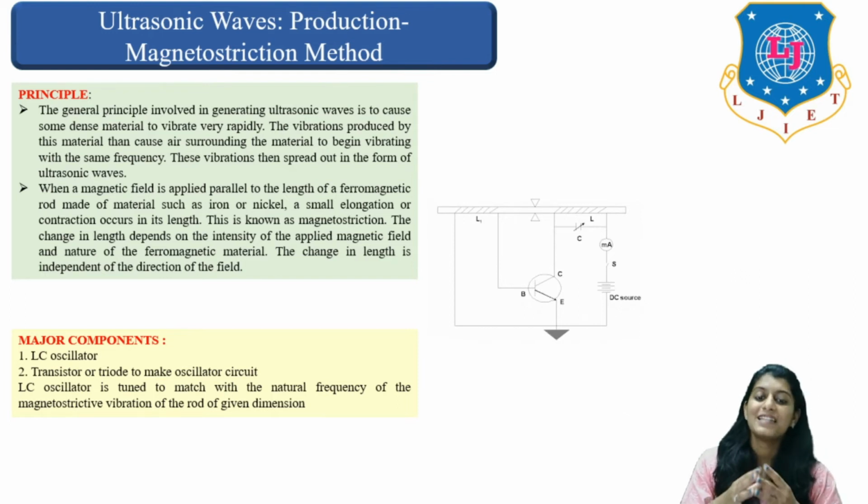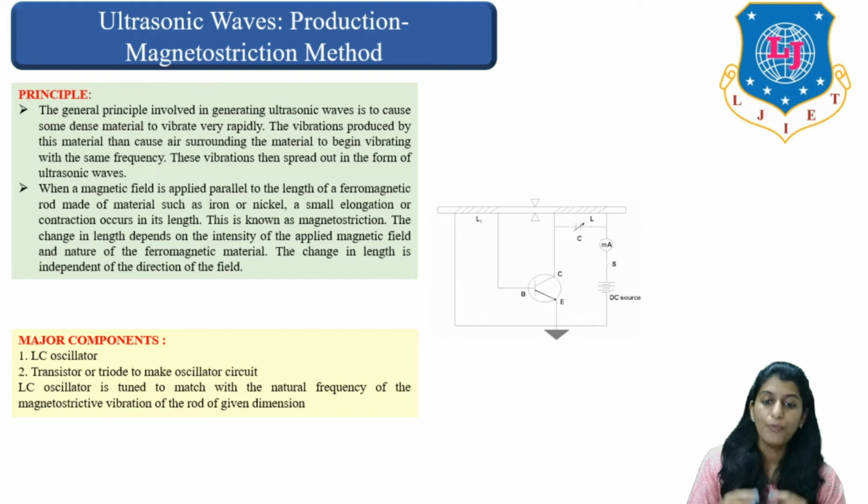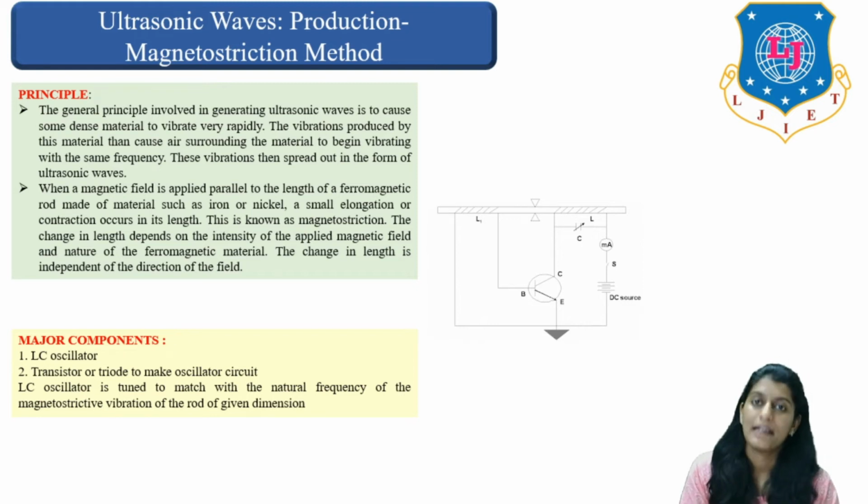Now, the change in length basically depends on the intensity of the applied magnetic field. What intensity of magnetic field is applied will determine the amount of contraction or expansion in that particular rod, right? And also the nature of the ferromagnetic material.